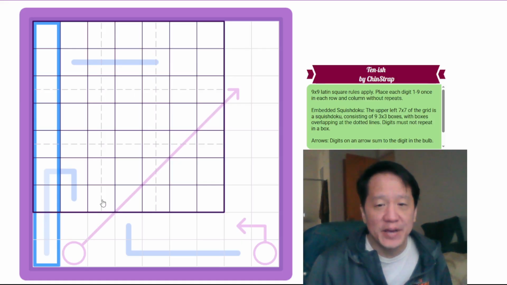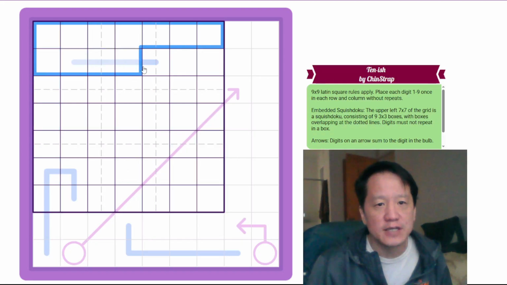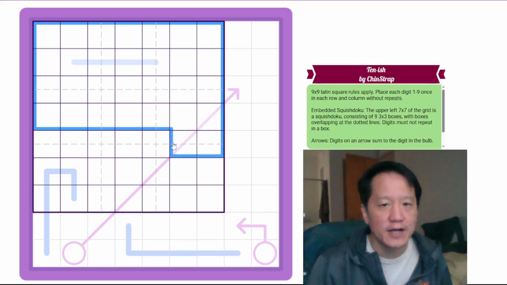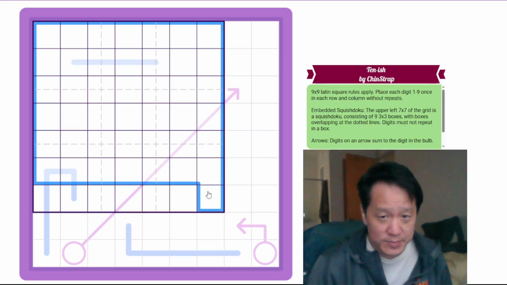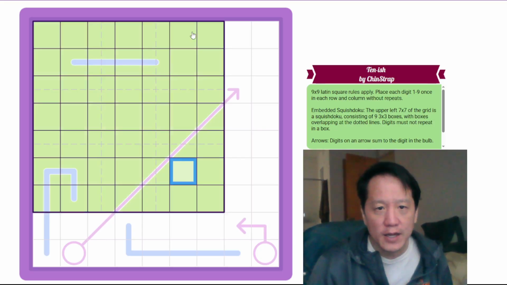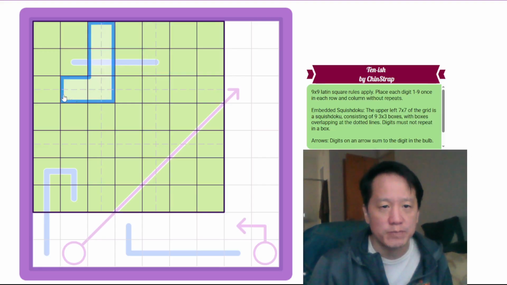We have embedded Squish Doku, where the upper left 7 by 7 of the grid is a squish doku consisting of 9 3 by 3 boxes, with boxes overlapping at the dotted lines. Specifically, this area is the squish doku, but essentially some cells are part of multiple boxes.